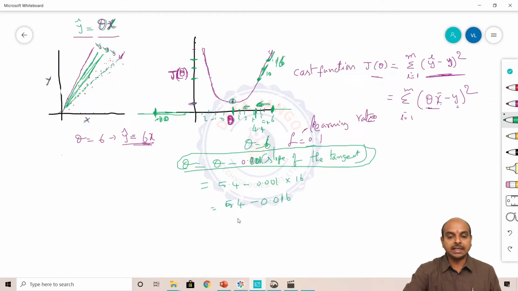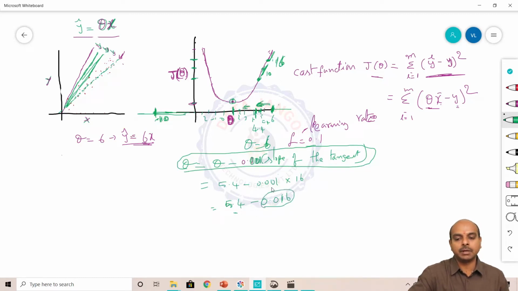Then the reduction in theta is going to be very small. That means from 5.4 it may move only a little, like a minute number.